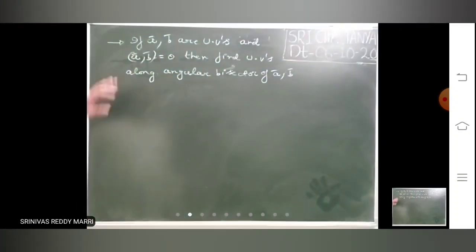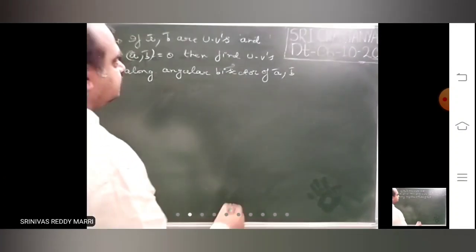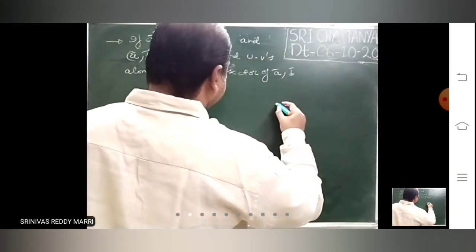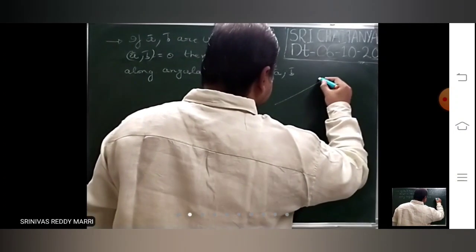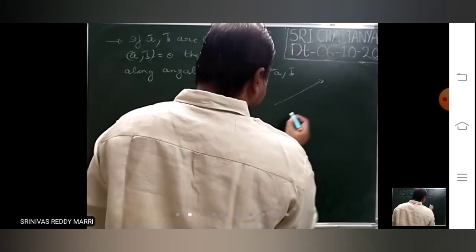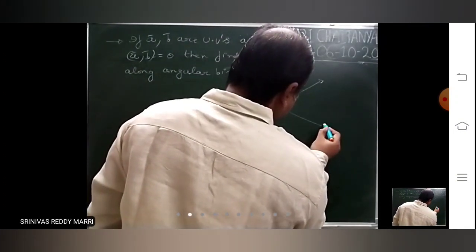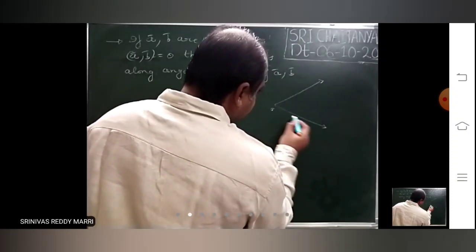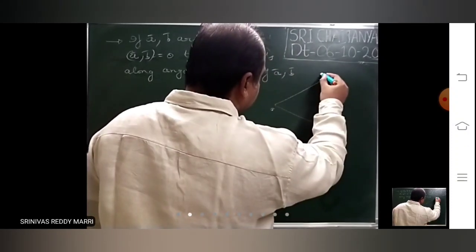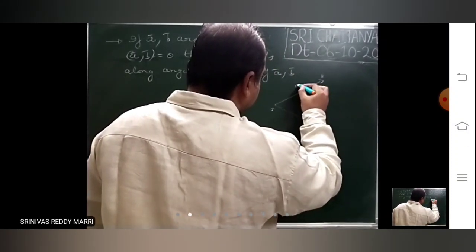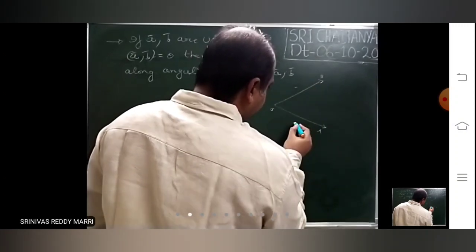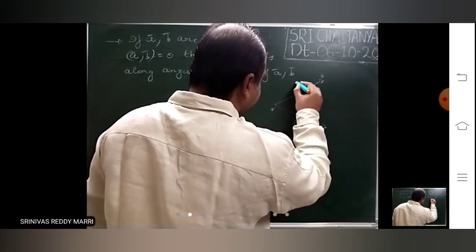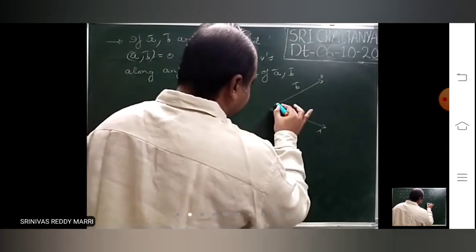So there are two vectors, unit vectors. A bar is one unit vector, B bar is one unit vector.